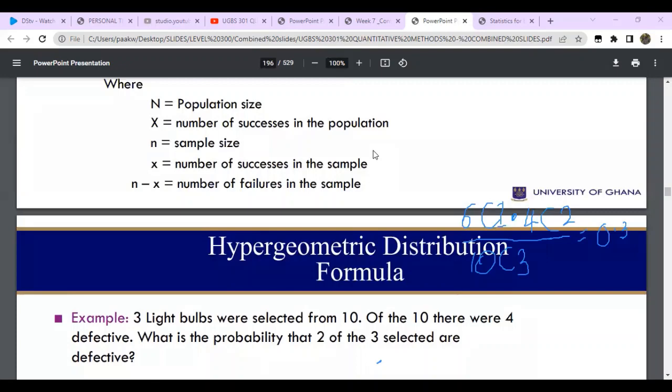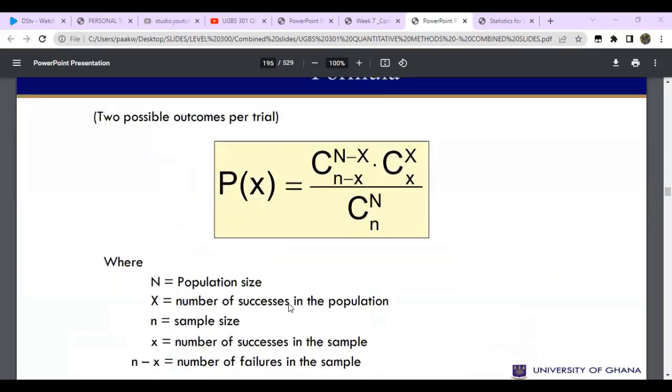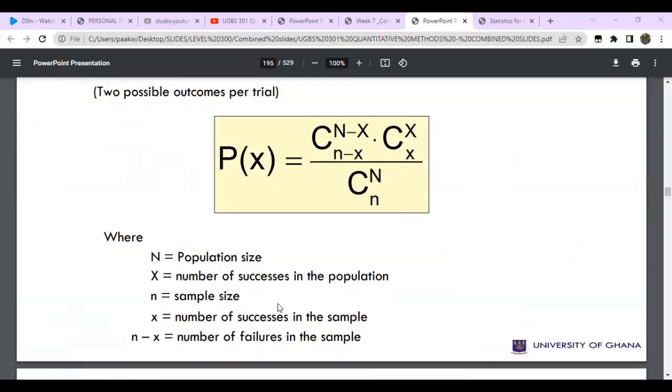So let me repeat this one again. So the hypergeometric, it deals with what? A population and what? A sample. You get it? A population and sample, where the big N represents the population size, small n represents the sample size, big X represents the number of successes in the population, small x represents the number of successes in the sample. Then small n minus small x represents the number of failures in what?